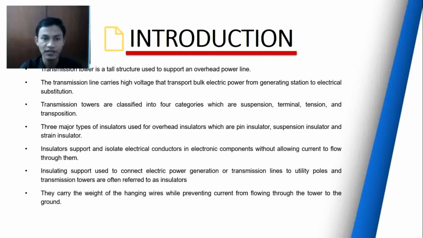So next, for the insulator, we can divide it into 3 major types, which are pin insulator, transmission insulator and string insulator. So basically, the insulator is to support and isolate electric conductors from electronic components without allowing current to flow through them.